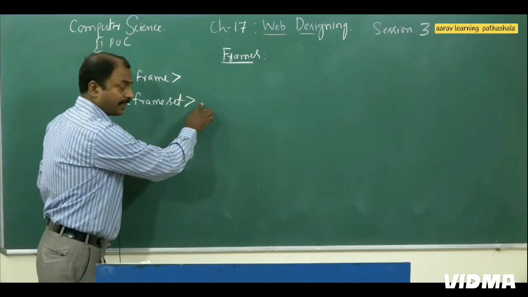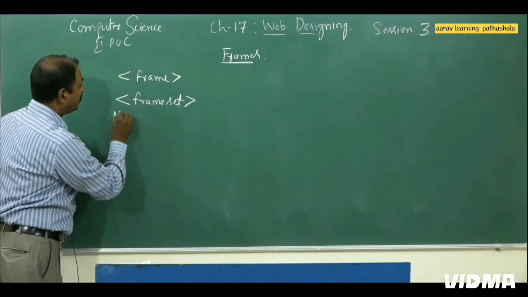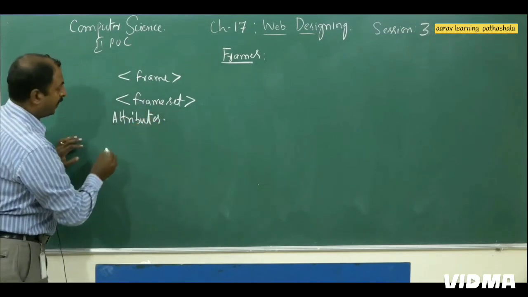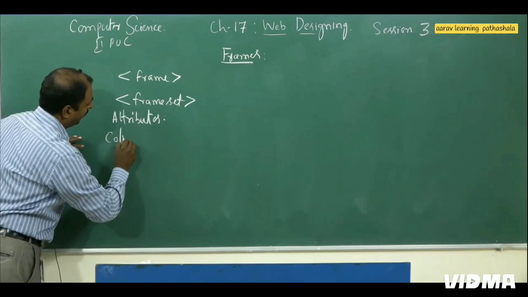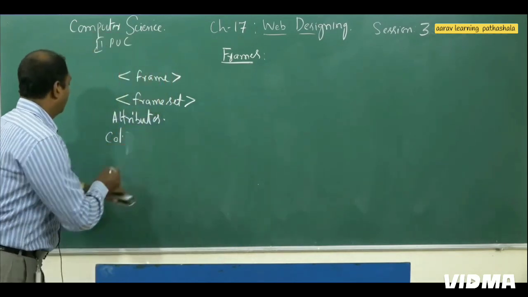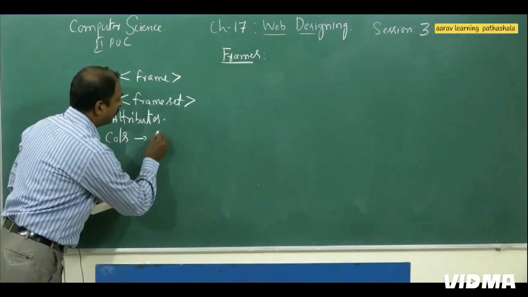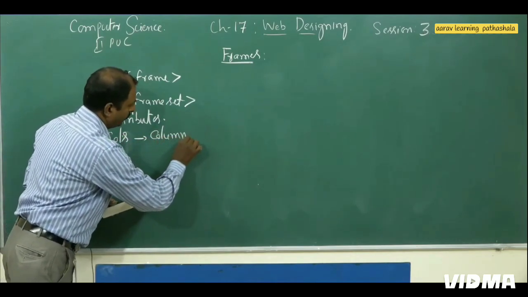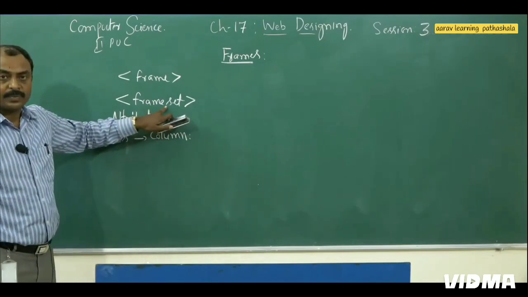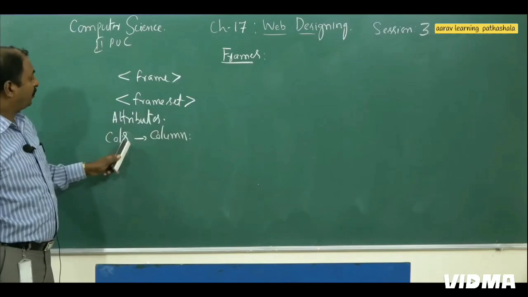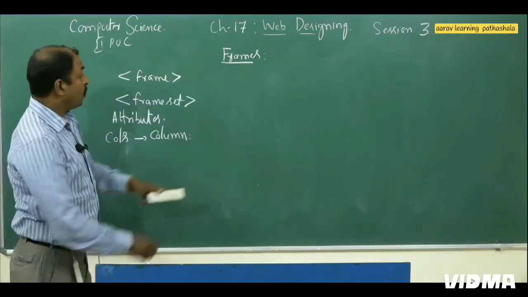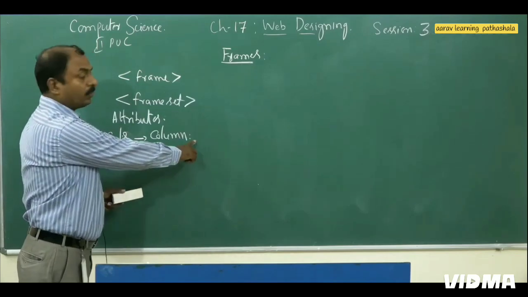The frameset tag has attributes. They are COLS, which stands for columns. So what is the meaning of this? We are using the frameset tag here. One attribute is columns. Here we are dividing the frames into vertical columns, or vertical frames.